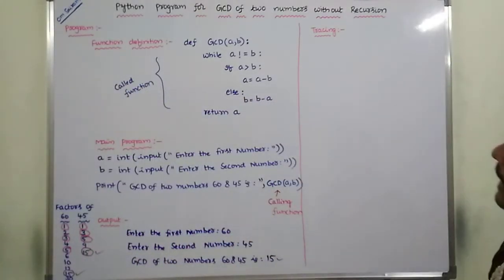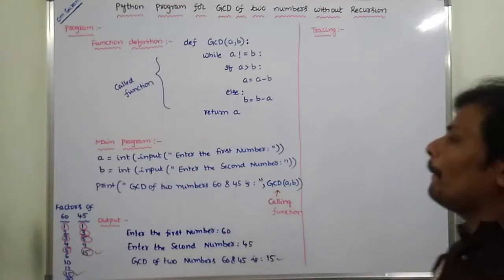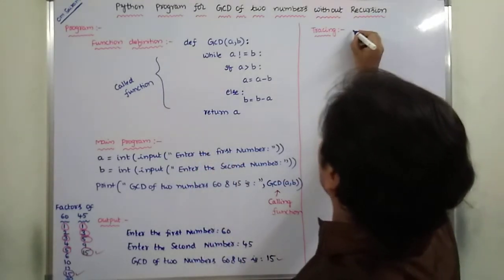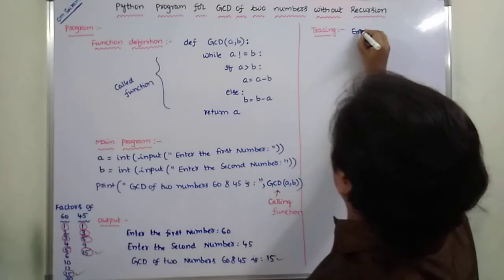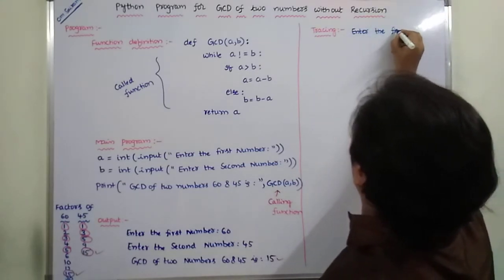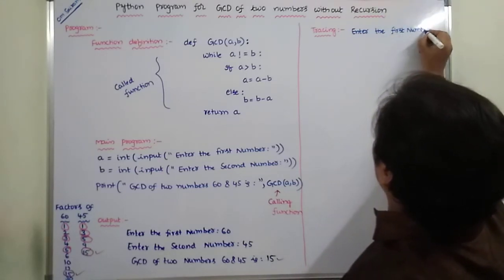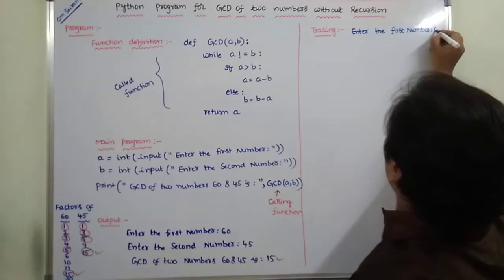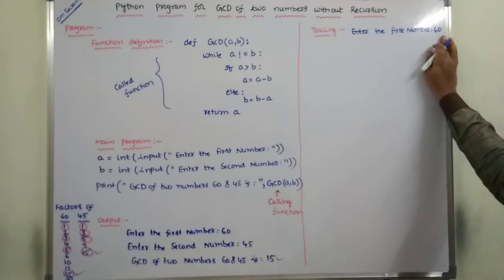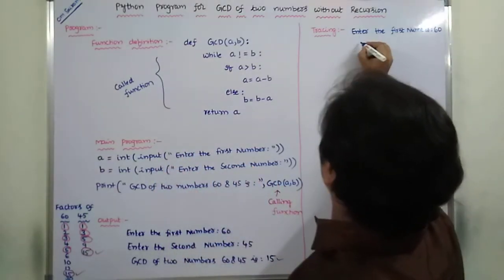Now we go for tracing. The tracing we start from the main program. So first in the main program, enter the first number. Here the first number entered by the user is 60. This value is taken by the input function.